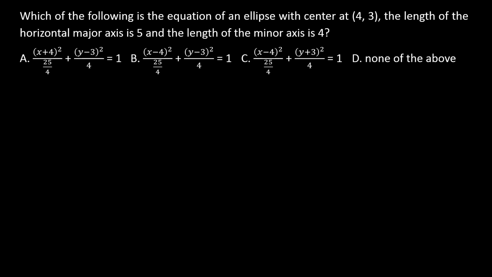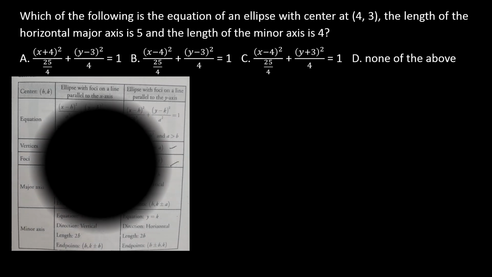So for this type of ellipse, the major axis is along the x axis and the minor axis is along the y axis. Remember that the length of the major axis is 2a, while for the minor axis it is 2b. So 2a is equal to 5.